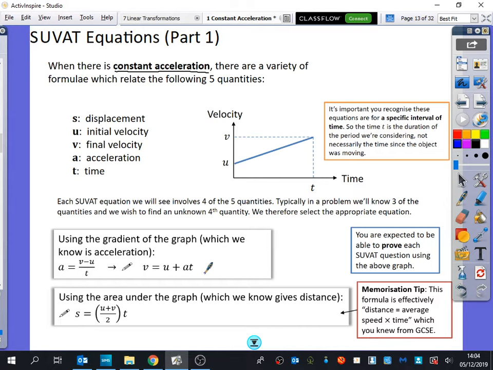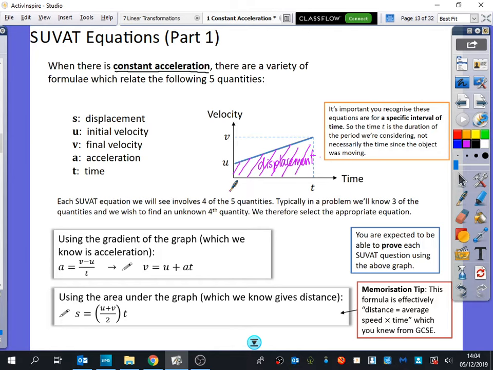The second one is using the second property that we've talked about in speed-time graphs so far. One of them was the gradient. The second thing is the area underneath this graph. We know that the area underneath this graph will be the displacement. So we can see here that this is actually a trapezium.